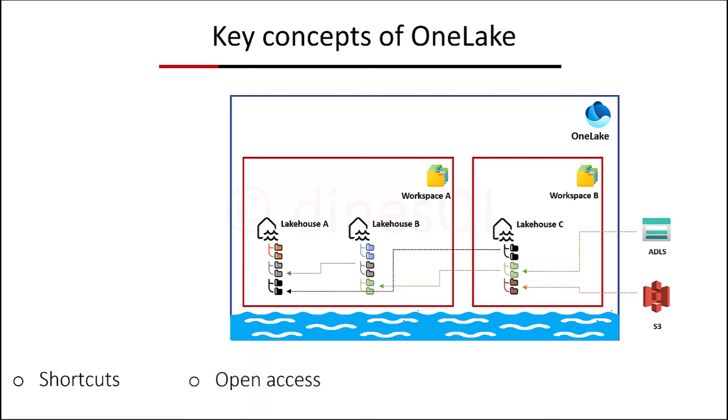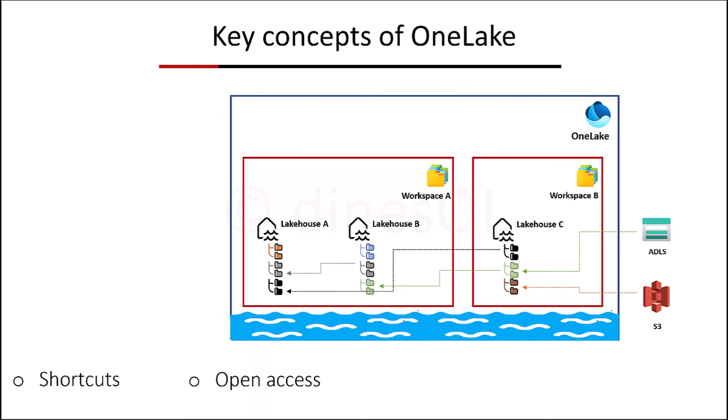Next is open access. That is also one of the key concepts related to OneLake. So open access is all about the way we access files in OneLake. All right. If you remember the way we have been accessing files in Data Lake, we basically use Data Lake Gen 2 APIs or SDKs. If I have to programmatically access files in Data Lake, I'll be using SDKs.